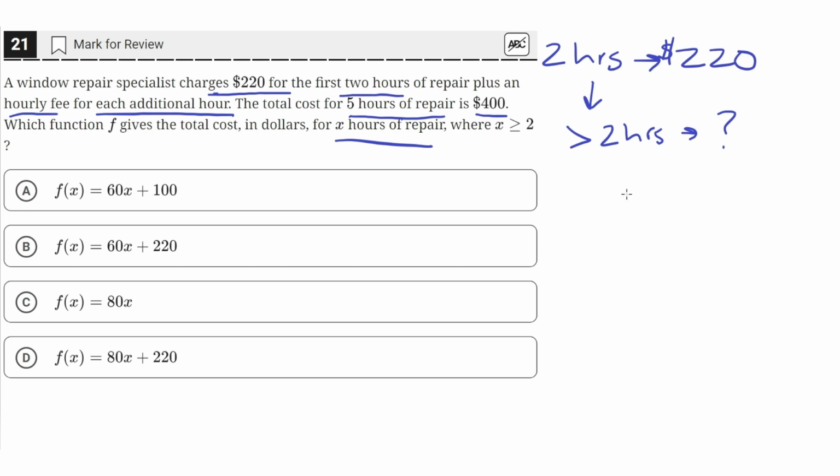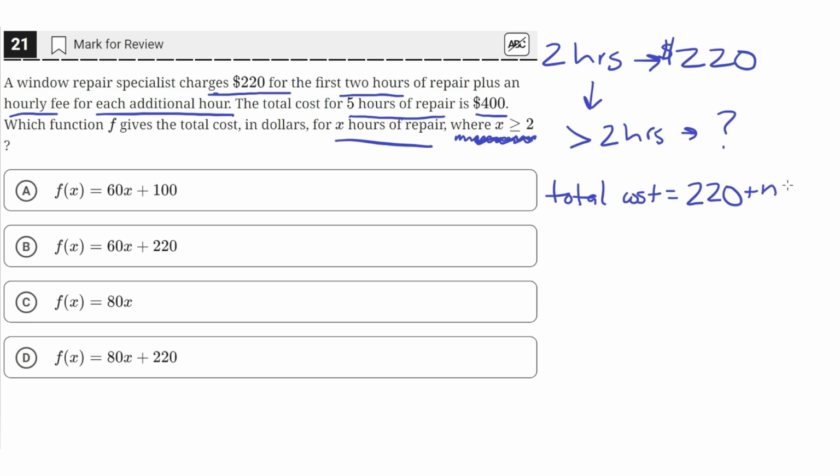Okay, we can represent this by, so let's say that the total cost is equal to $220, since we will be greater than or equal to 2 hours, so we will always be charged the $220 plus some hourly fee for each additional hour.